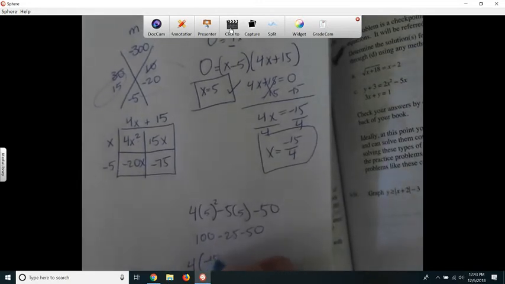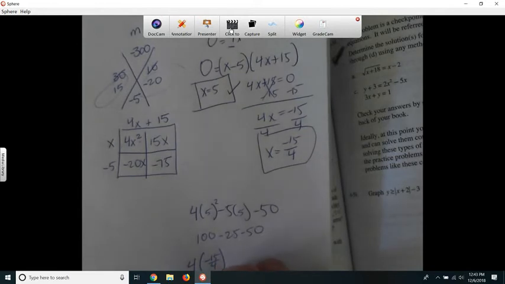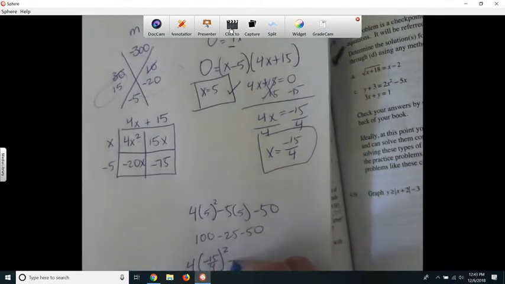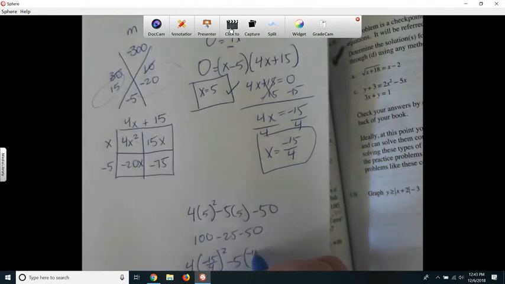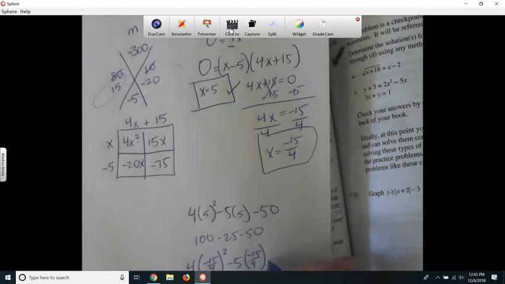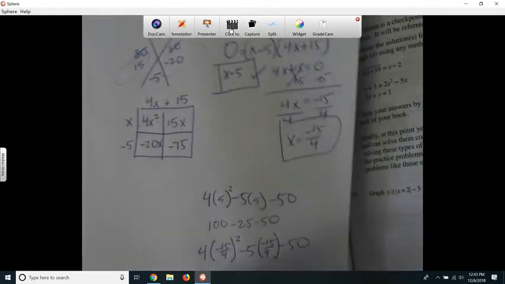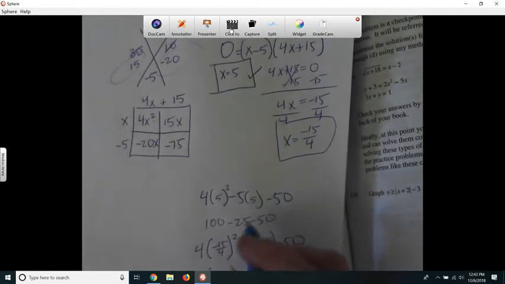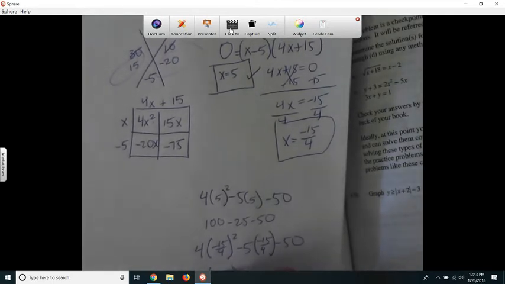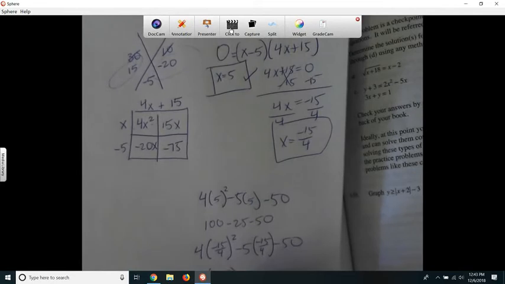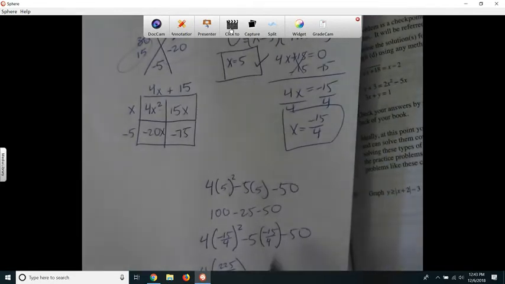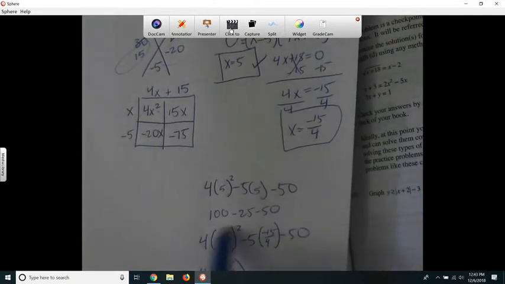Negative 15/4. Well, I guess I've got to do this math. Minus 50. So that's 4, and what's 15 squared? 225? 56 1/4, both of them? Oh, these two? No, the 4 squared.